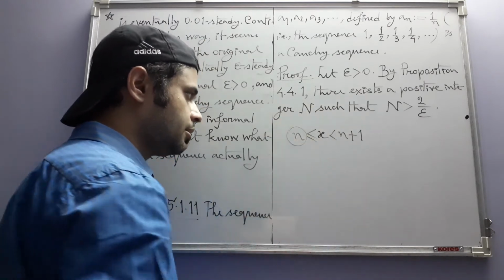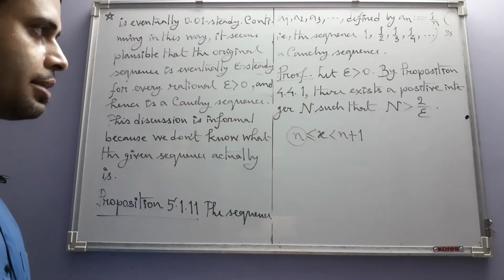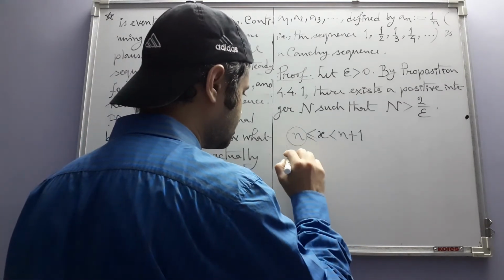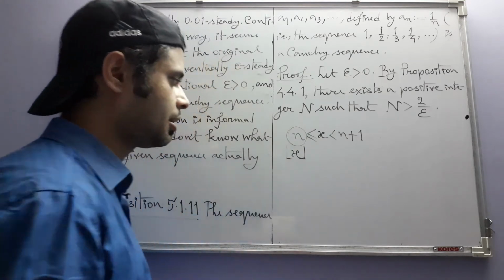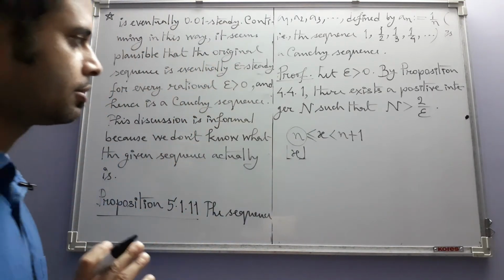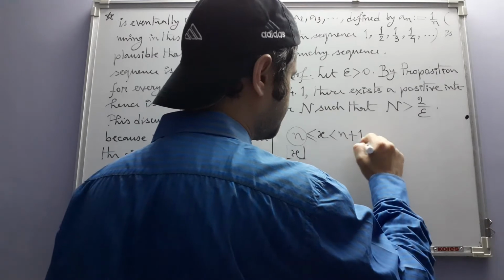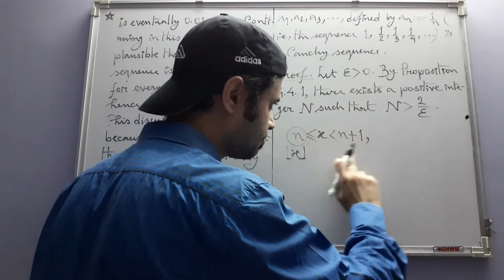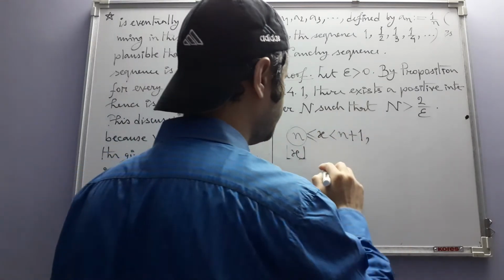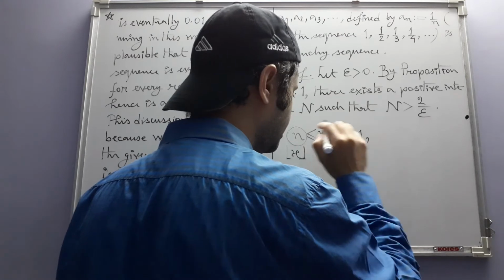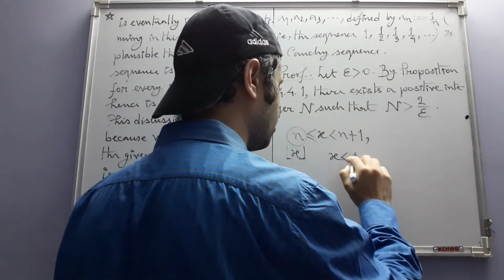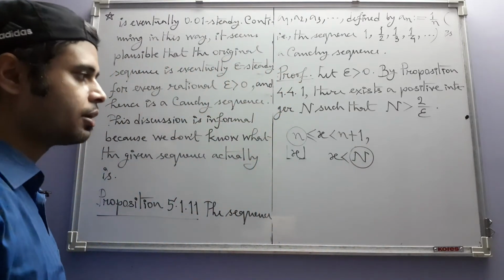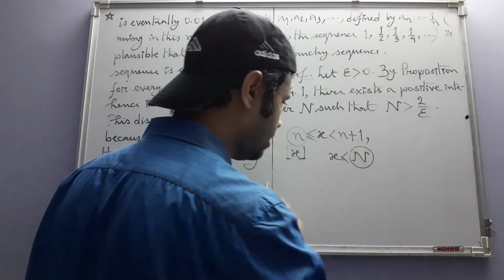In fact, this unique integer n for that given x has a name. It's called the integer part of x, and we have a symbol for denoting it also in terms of x. This is how we write the integer part of x. And the proposition said something else. In fact, from this second inequality, we got the fact that if we are given any rational number, then we can always find a positive natural number n or a positive integer, same thing, that is greater than x.